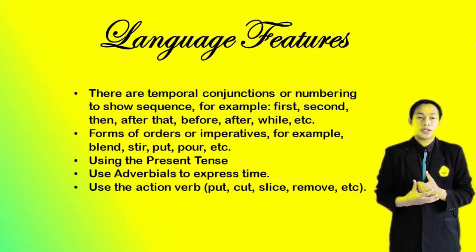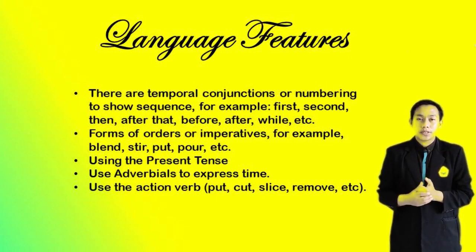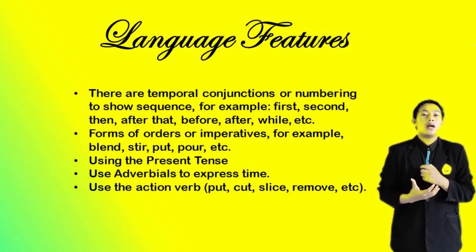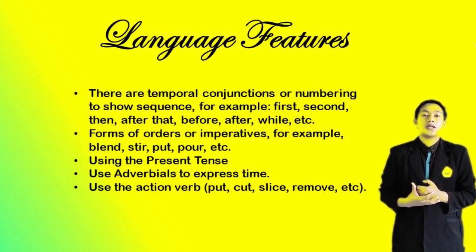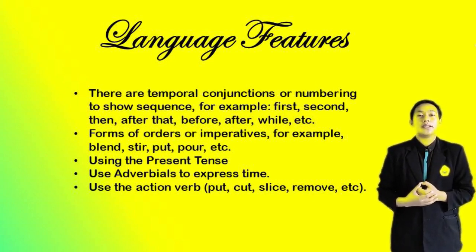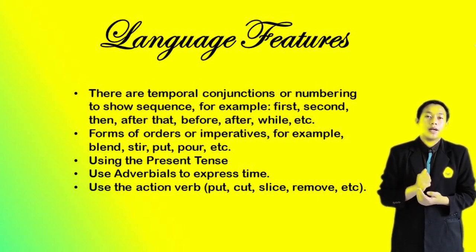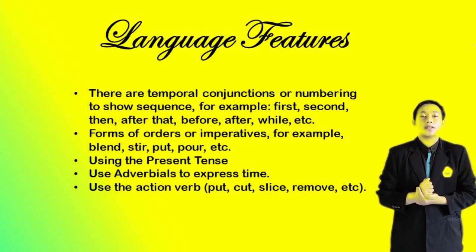The next is using the simple present tense. The next is using adverbs of time or adverbials to express the times. And the last is using action verbs like put off, cut, slice, and so on.